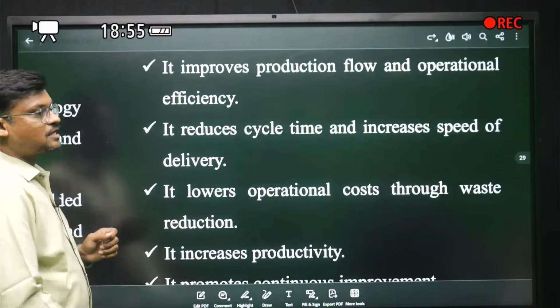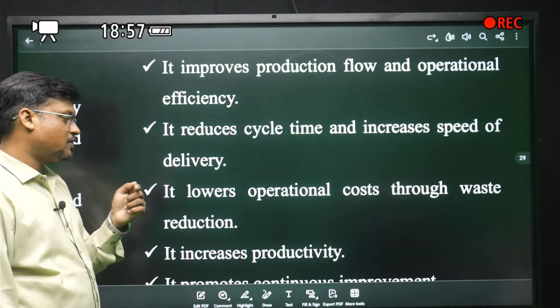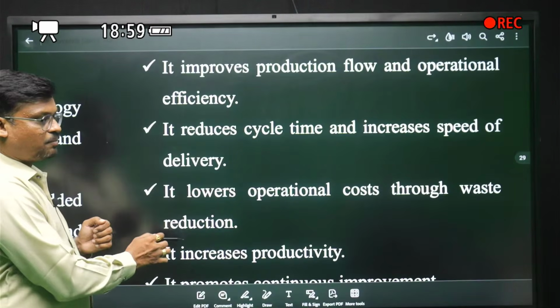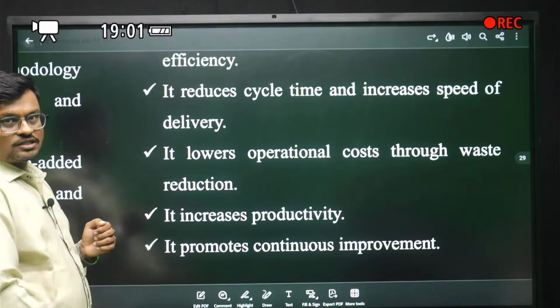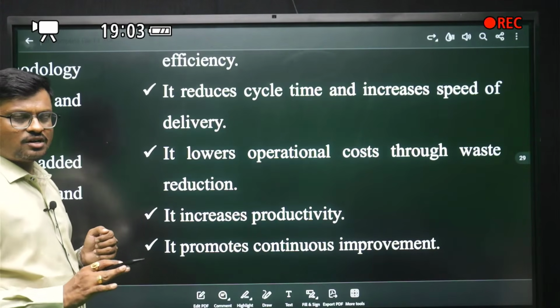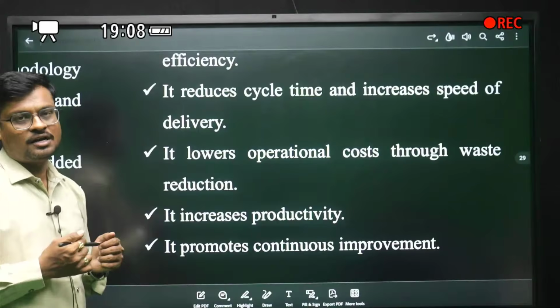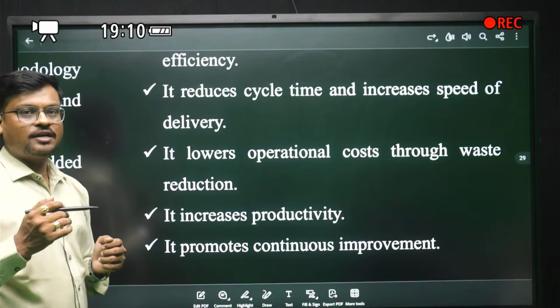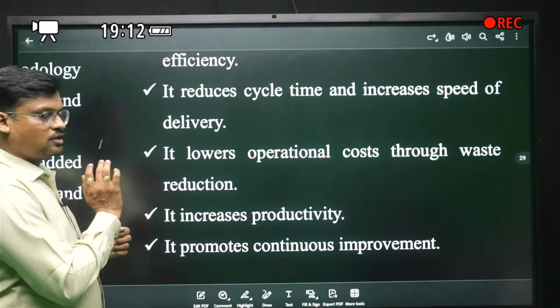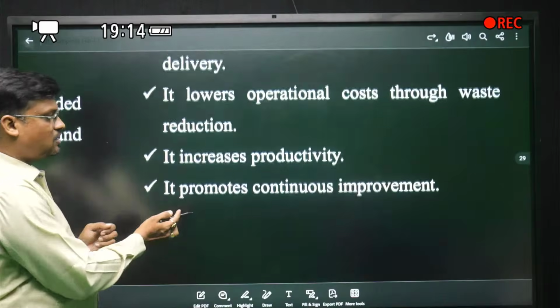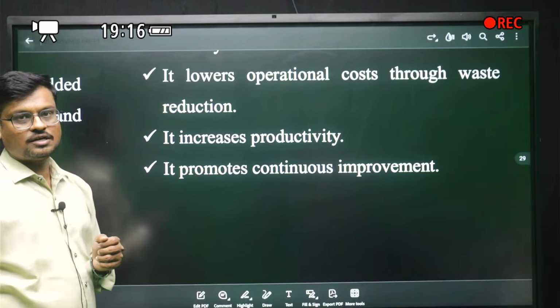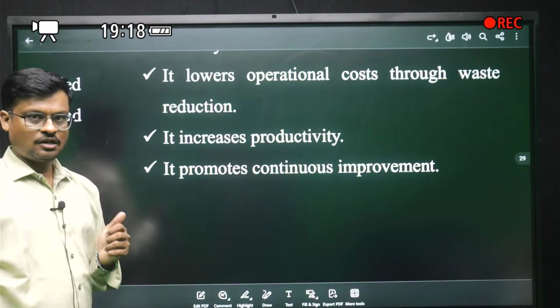It reduces the cycle time and increases the speed of delivery. It lowers the operational cost through waste reduction, because some activity which you are doing very regularly is not contributing to the business growth. Identify it and eliminate it. That is what it does. Okay, by which your production increases and it also promotes continuous improvement in your organization.